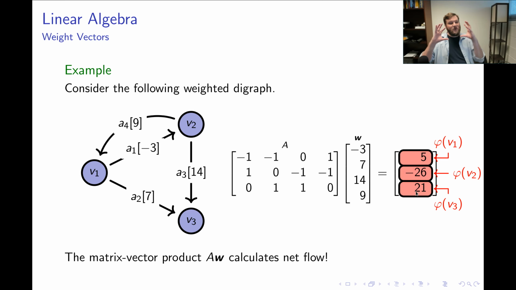So by separating out the numerical data of the directed graph and storing it inside of the incidence matrix, and by separating out the data of the weights in its own vector, I can apply the concept of matrix vector products to calculate all of the net flows all at once. So I don't view these as three separate calculations anymore. I view it as a single calculation.